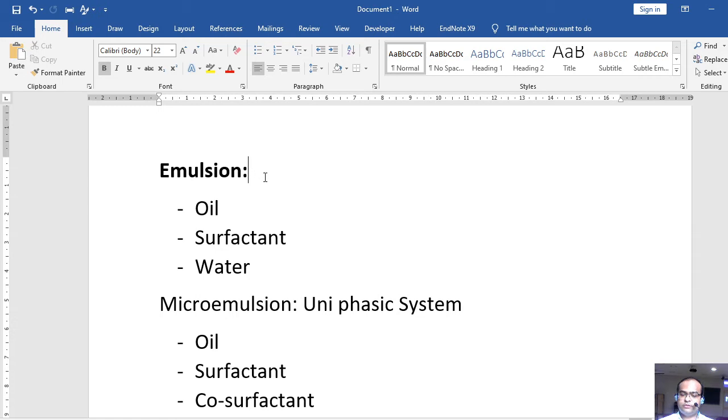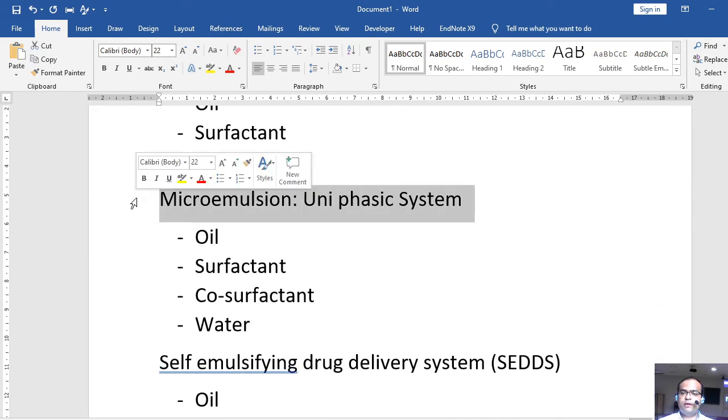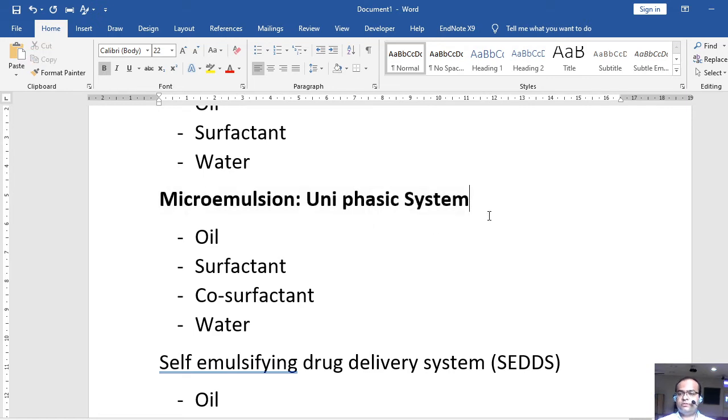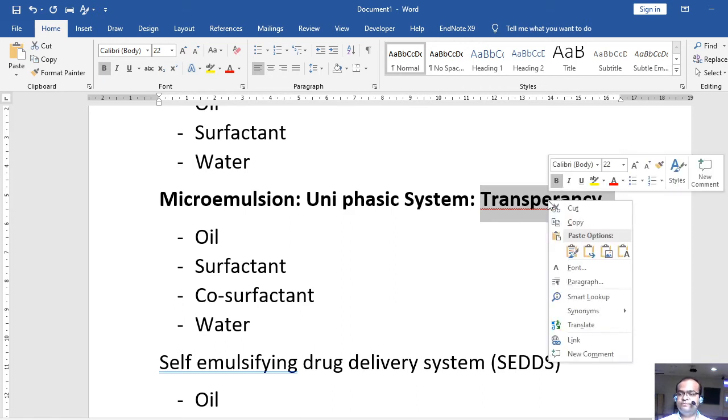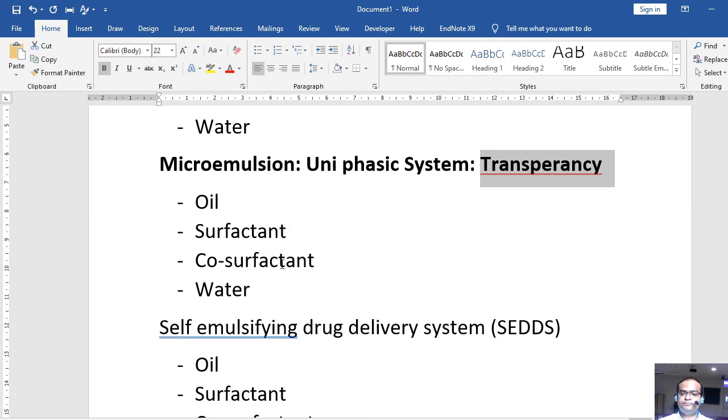The characteristic of an emulsion is its whitish or semi-white look, while in the case of micro emulsion, its immediate characteristic is its transparency. So if you are mixing oil, surfactant, co-surfactant, and water in perfect proportion, then you will get a transparent system. So we can call it a perfect micro emulsion.